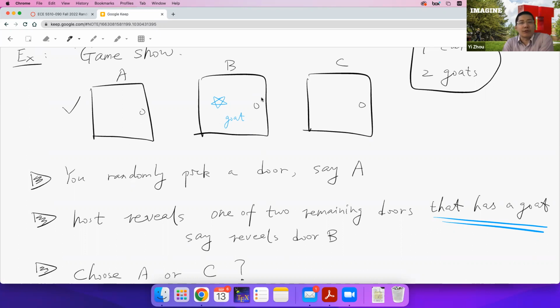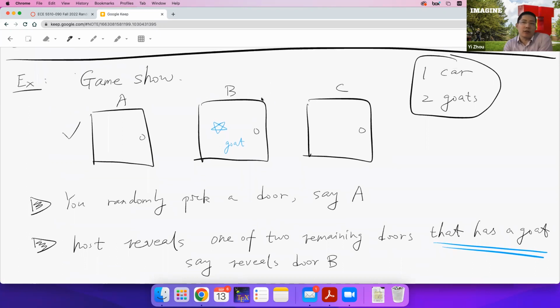Intuitively, you never see A and C, and the car is randomly assigned. So you may think that the probability that the car is behind door A and door C is the same, so the probability of picking A or C will be 1/2, right? That's the intuition, because you never see what's behind these two doors, and the car is uniformly randomly assigned.